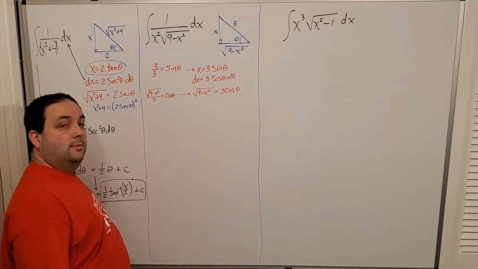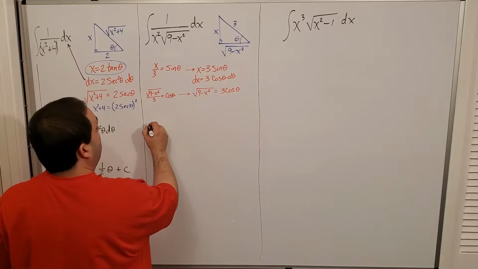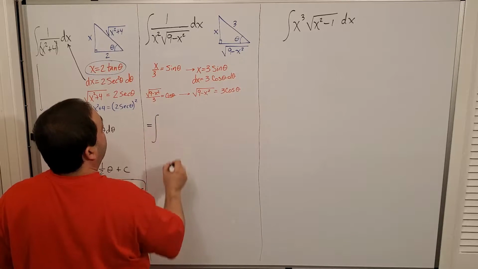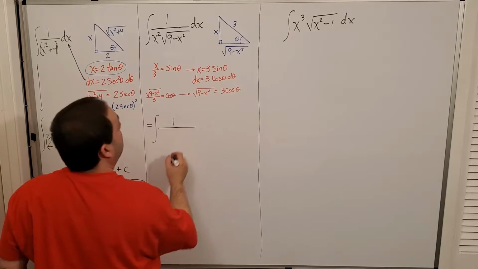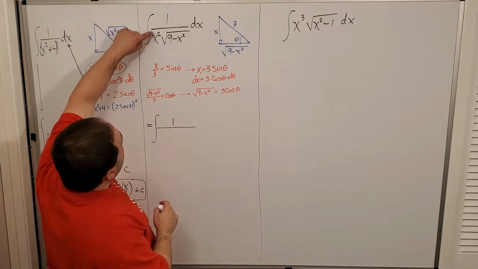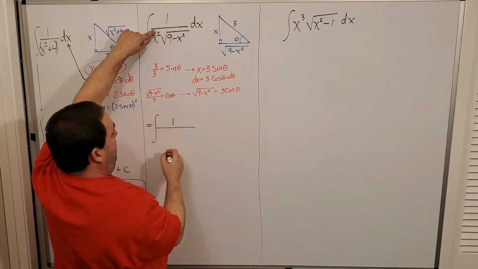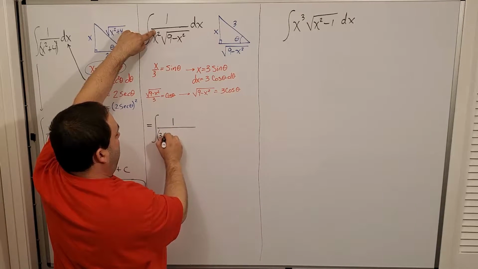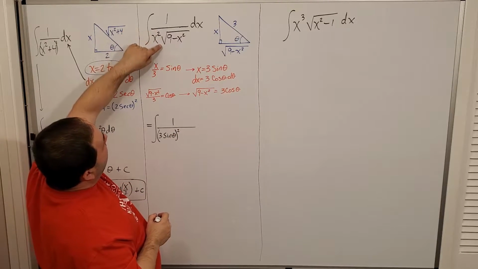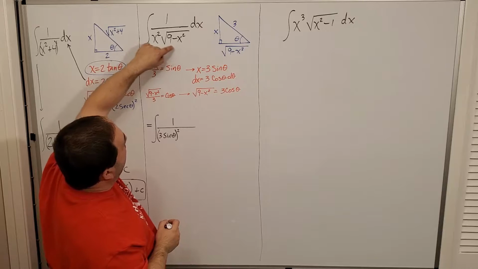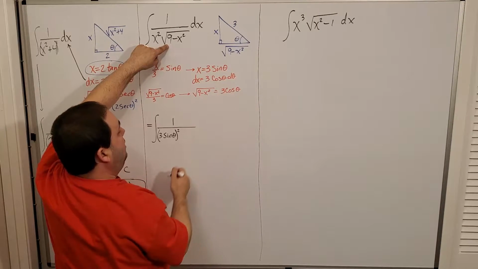And I'm going to do my substitution now. Okay, so equals integral. I've got a 1 on top. X squared is going to be 3 sine theta squared, like so. Then the square root of 9 minus x squared, I see that that's directly replaced with 3 cosine theta.